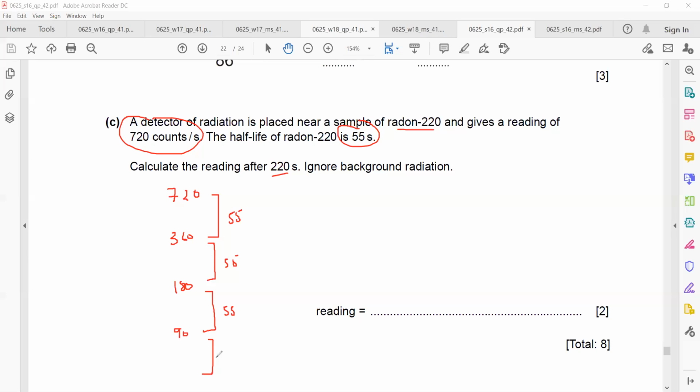And after another 55 seconds, it will be 45. So we'll get 45 counts, or counts per second, which is a unit for the radiation. So it will be counts per second, because this total interval will be 220 seconds.